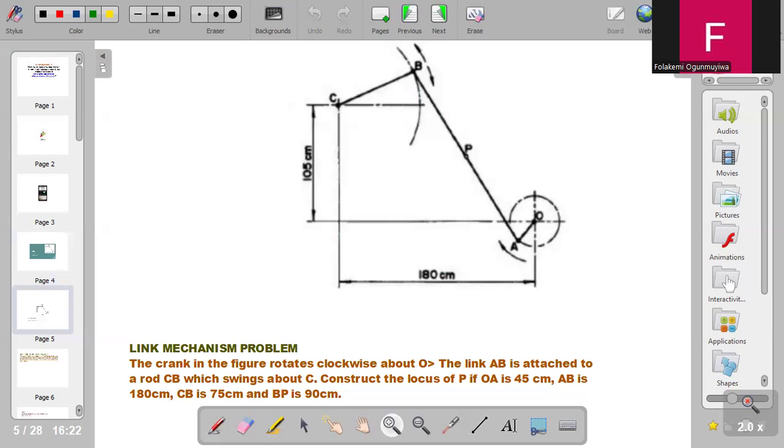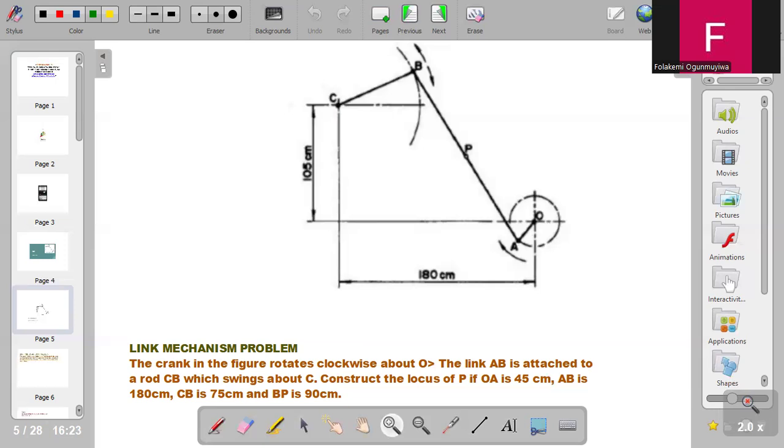Okay, the crank in the figure rotates clockwise about O. This is the crank. The crank is OA. It rotates about O. The link AB is attached to a rod CB, which swings about C. This is another rod, another crank, which is crank CB, which swings about C. This is C. So this crank swings about C. And this is link AB.